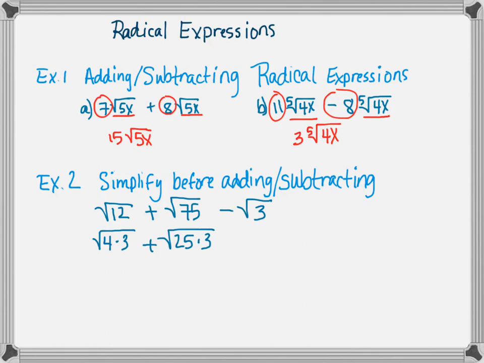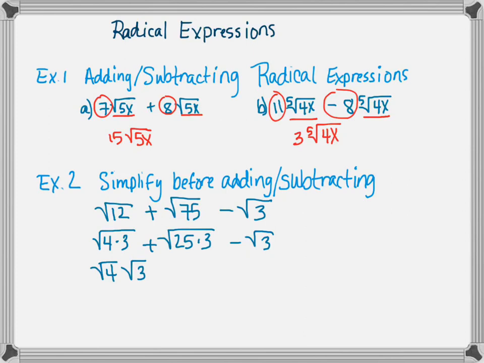Remember, we're looking for the largest perfect square factors of these numbers, and the largest perfect square factor of 75 is 25, just like the largest perfect square factor of 12 was 4. So we have plus the square root of 25 times 3 minus radical 3, because that cannot be simplified anymore.